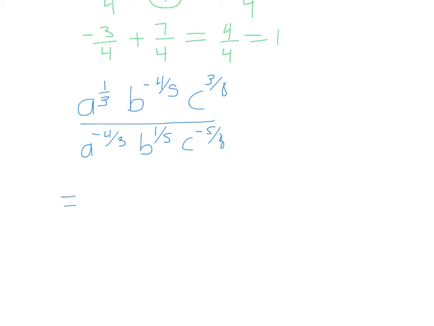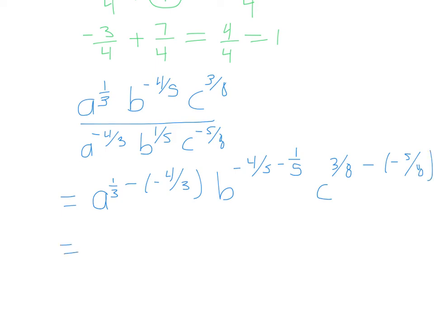So let's take the base of a. We want to take the numerator exponent and then subtract the denominator exponent. So we're subtracting a -4/3. Base of b, do the same thing. Take that numerator exponent of -4/5 and subtract the 1/5. And the base of c, take 3/8 and subtract a -5/8.